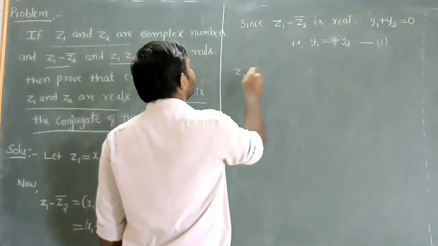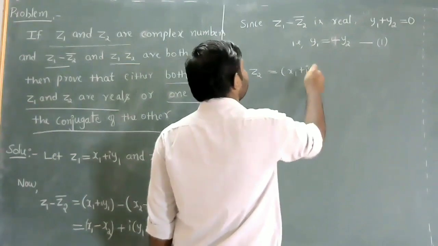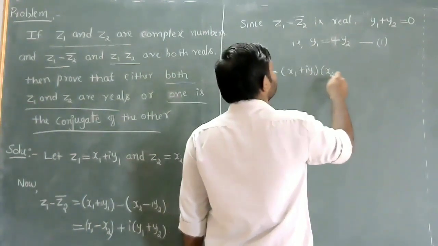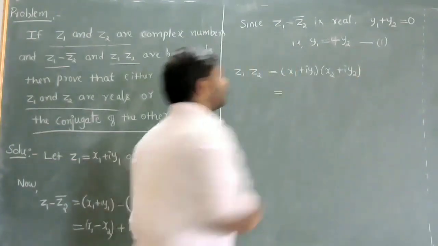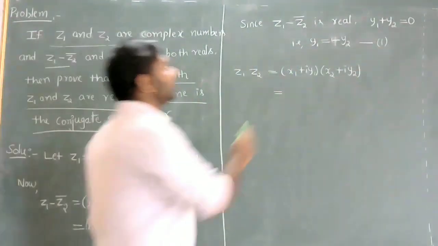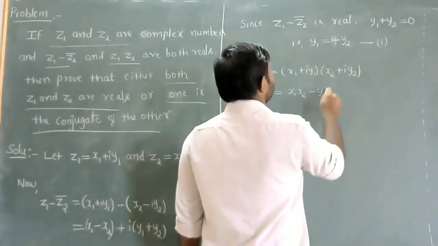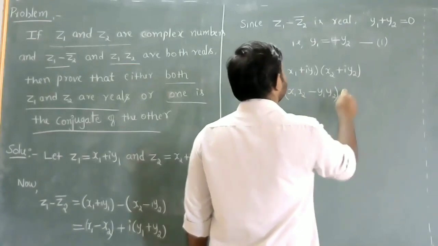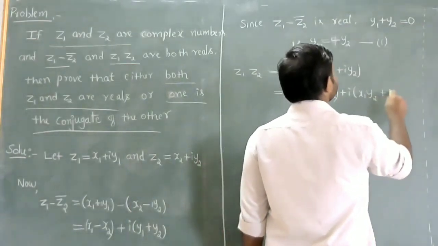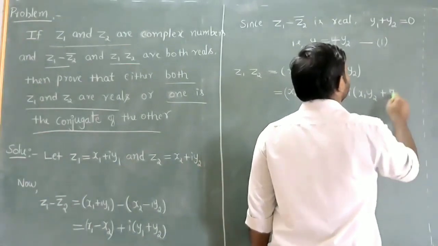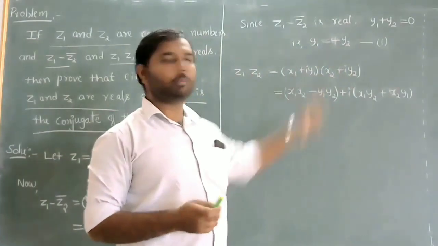Consider Z1 into Z2, that is x1 plus iy1 into x2 plus iy2. Multiplying these two complex numbers, it will be x1 x2 minus y1 y2 plus i into x1 y2 plus x2 y1.